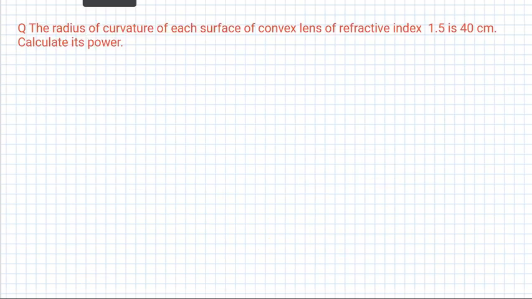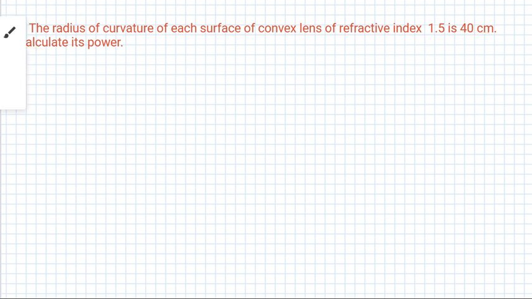So using this concept, let us solve our first question. The question is as follows: the radius of curvature of each surface of a convex lens of refractive index 1.5 is 40 centimeter. Calculate its power.